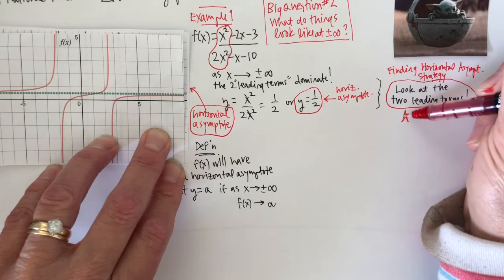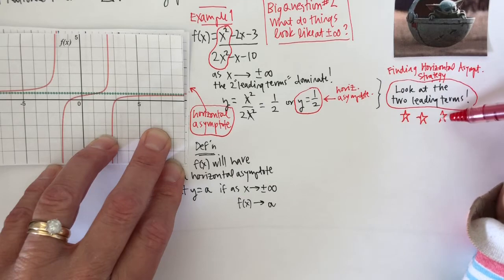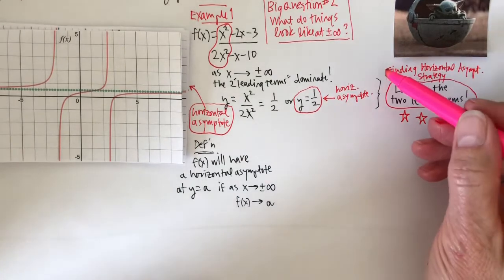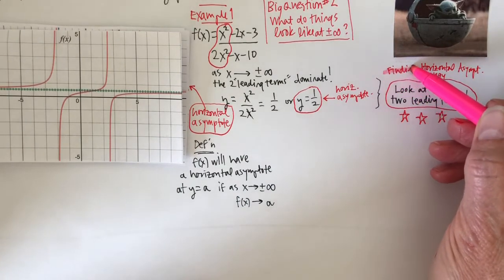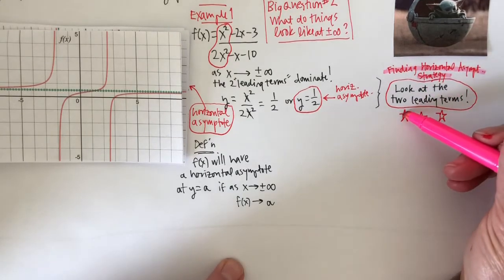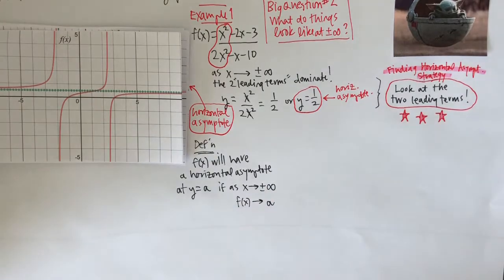And we had a strategy to find vertical asymptotes, and now we have a strategy for finding horizontal asymptotes. So we'll want to remember this. We just look at the two leading terms. They tell us the whole story as x goes to positive and negative infinity.